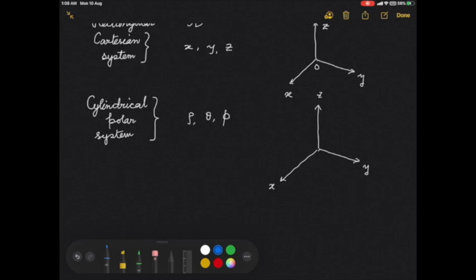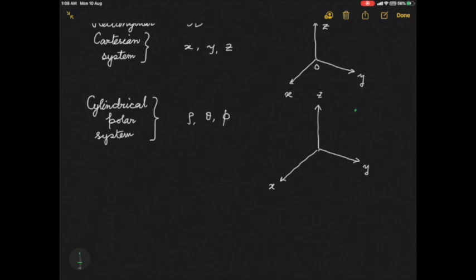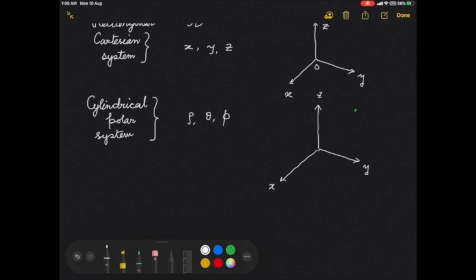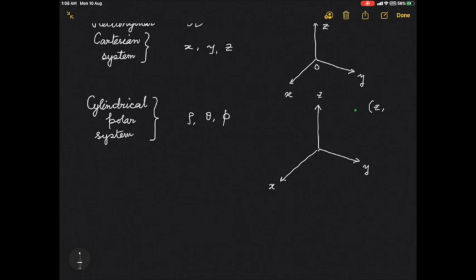So what does a coordinate system do? It specifies the coordinate of a point and say this is the point we are talking about. And for this point, in the Cartesian coordinate system, why do I write z first? I have no idea.